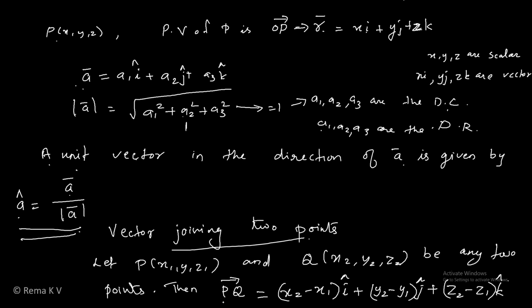So the vector joining 2 points, here the initial point is P and the terminal point is Q. Therefore, x2 minus x1, y2 minus y1 and z2 minus z1 are the scalar components of vector PQ.